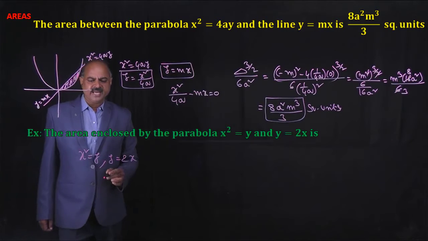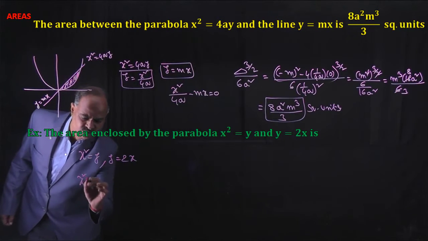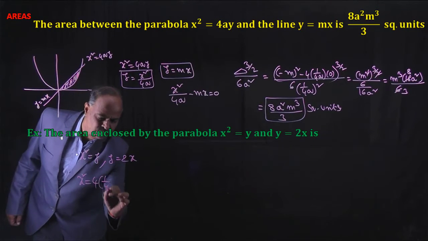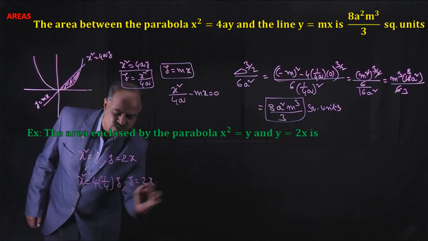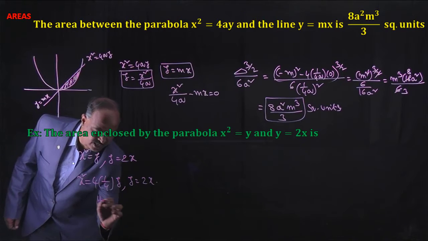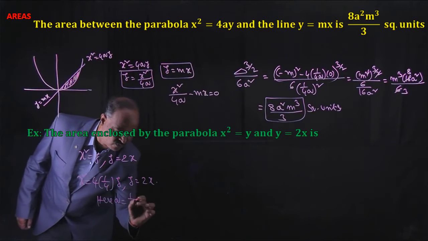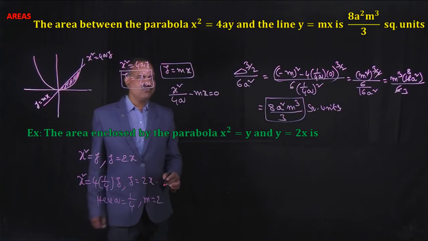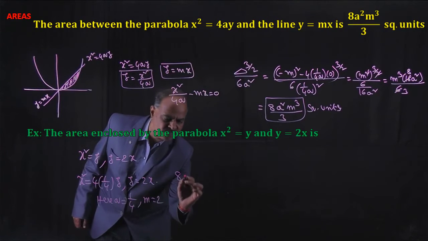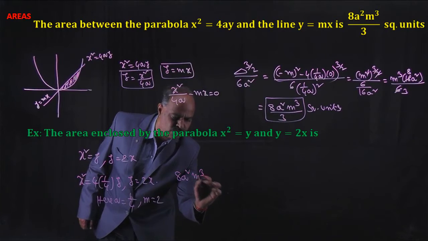Now here x square is equal to 4 into 1 by 4 into y, and here y is equal to 2x. So here a is equal to 1 by 4 and m is equal to 2. So the formula is 8a square m cube by 3.